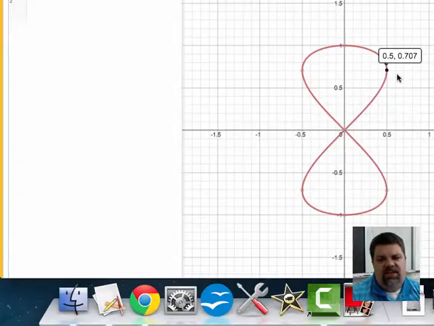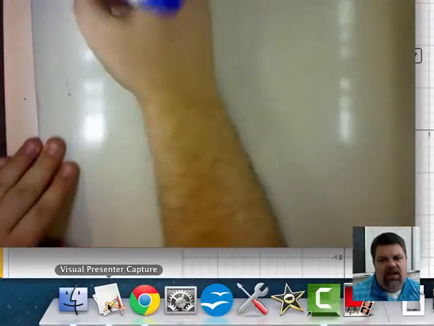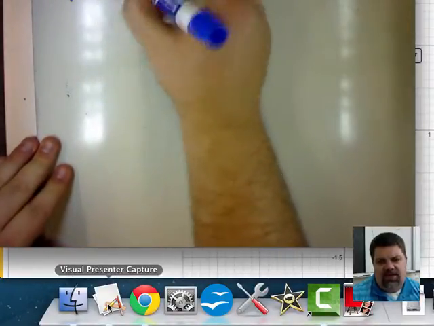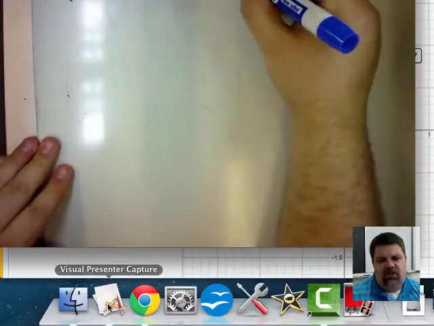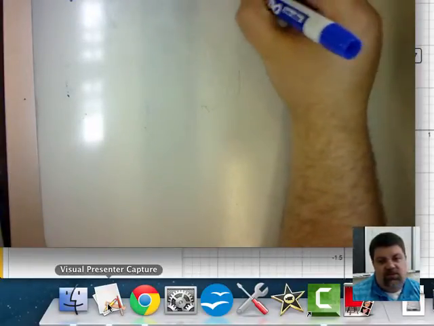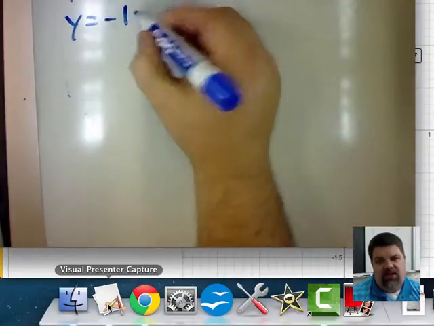So what I'm saying is that at the point √3 over 4, comma √3 over 2, the tangent line to the curve will have a slope of -1. We weren't asked in the textbook to write the tangent line, but I'm going to write it out.